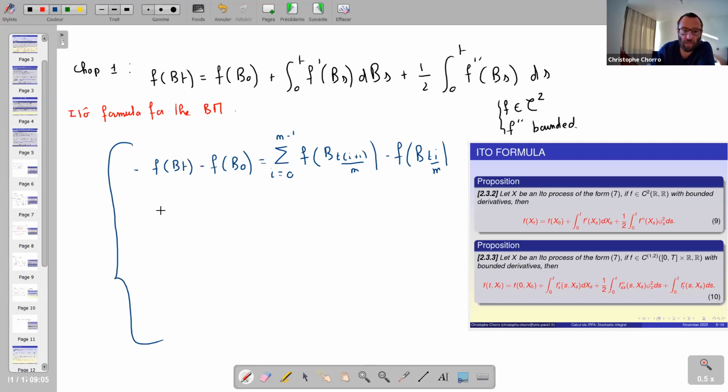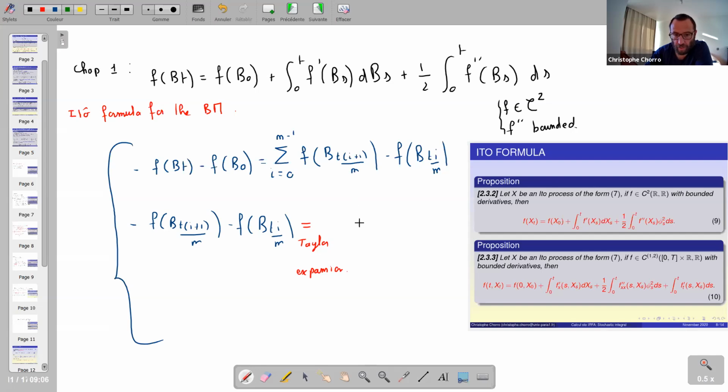In a second step, I apply the Taylor expansion at order 2 to obtain two terms.